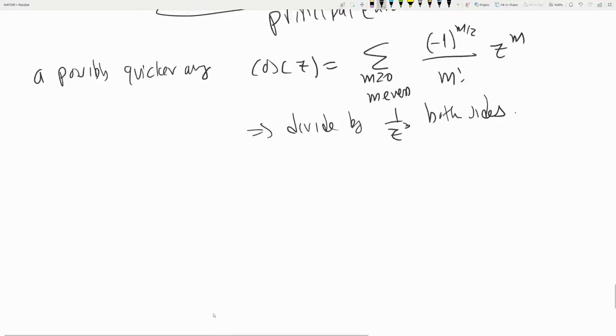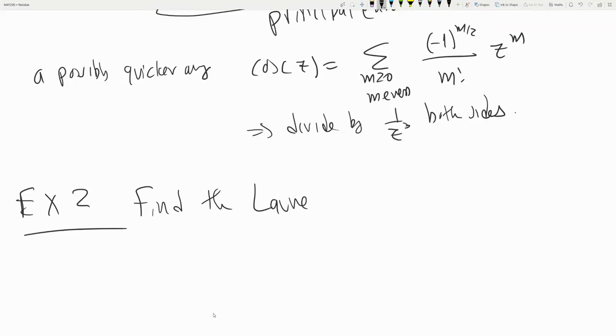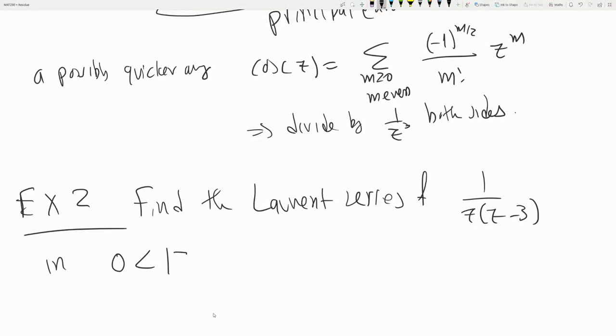All right, anyhow, let's do another example. Okay, find the Laurent series of 1 over z minus 3 in the punctured disk around 0. So yes, they want you to find it around 0.